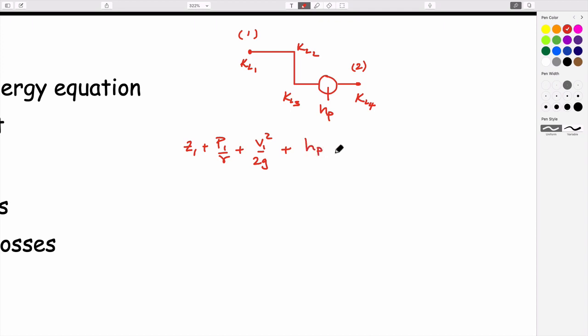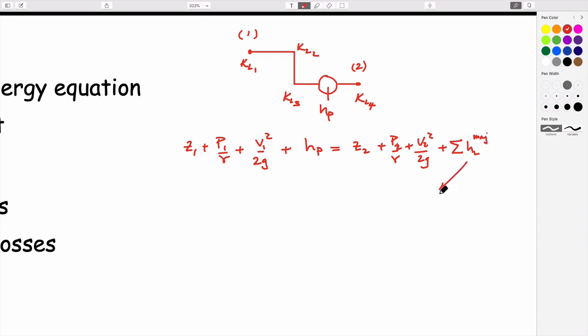The pump addition to the system is equal to the downstream behavior wherever we write it. Again, it is the sum of those individual terms, P2. And as we said last time, with the sum of the head losses, which are major.